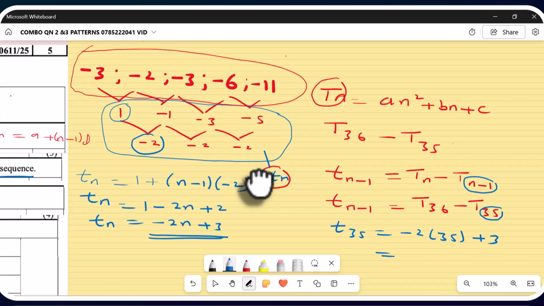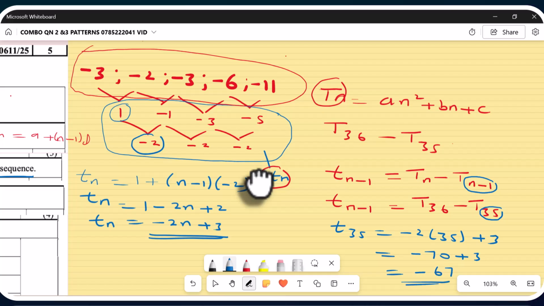Now we know that the general term Tn for a quadratic sequence is given by Tn = an² + bn + c.